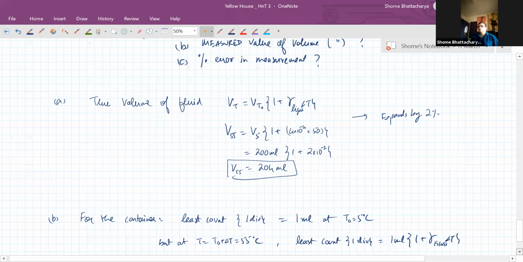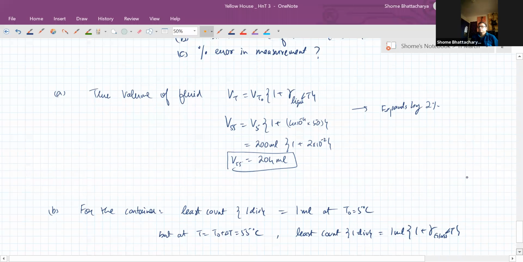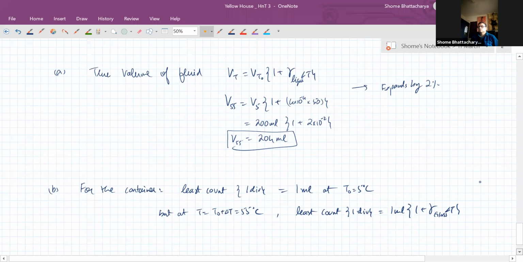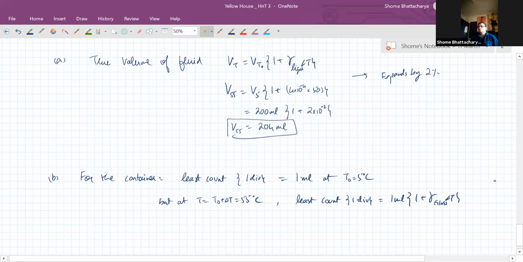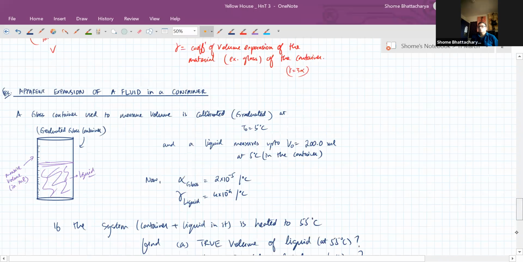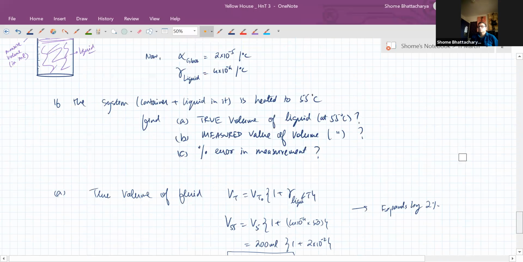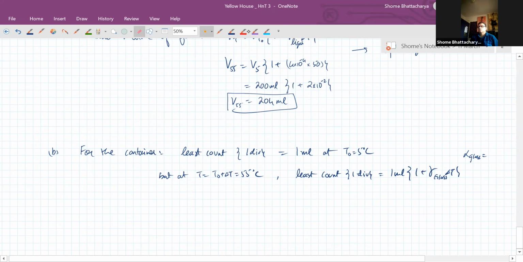Now alpha of glass was given to us as, sorry, 2 into 10 raised power minus 5. Okay. So the least count, or one division, will become 6 into 10 raised power minus 5 into 50.